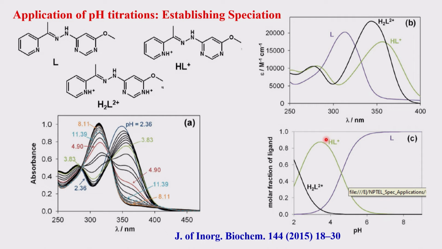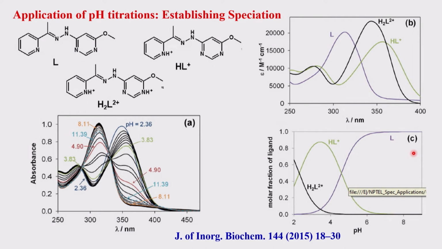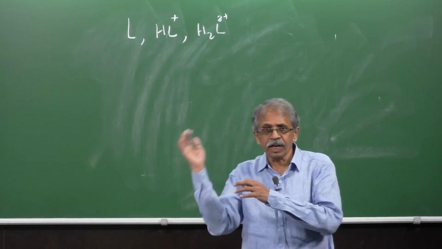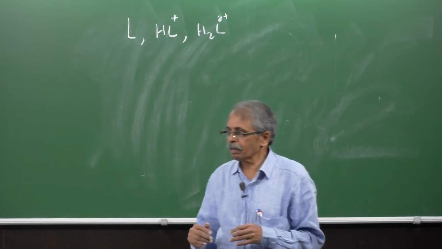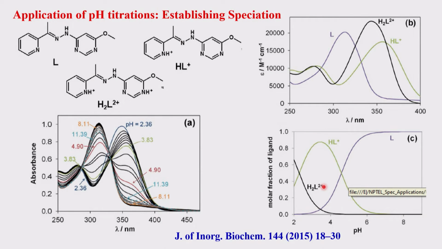Beyond 5 or 6, or at neutral, there is very little HL+, much less H2L2+, and it is mainly L. I hope this way of understanding the spectrum to the species, and species to the spectrum, will help you in understanding such titrations. I hope this is clear.